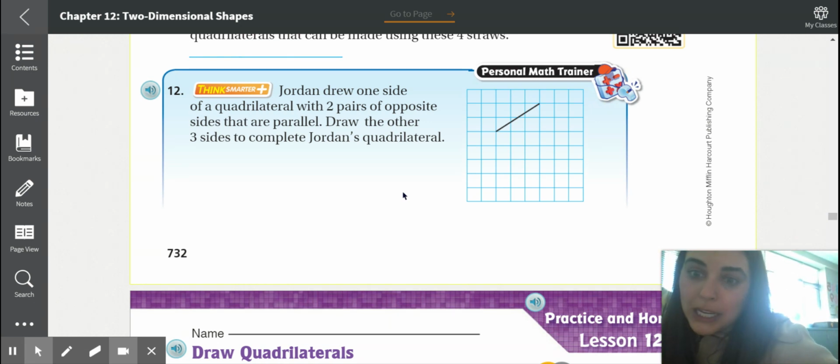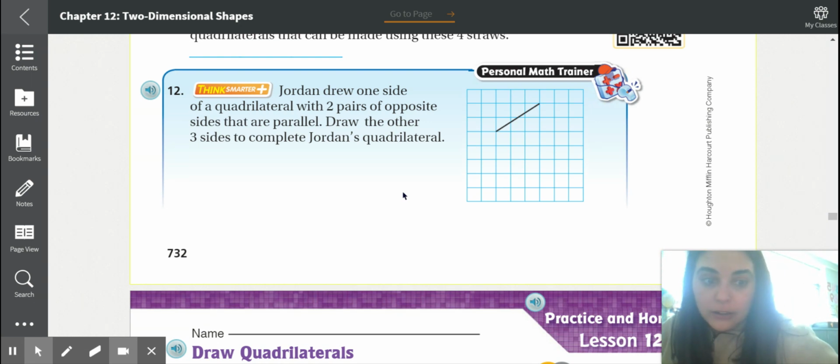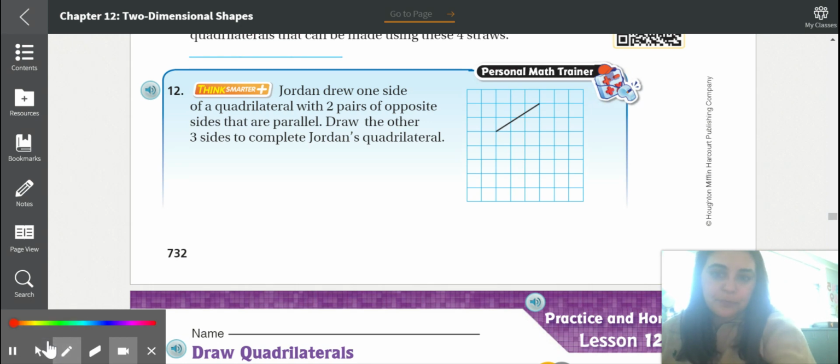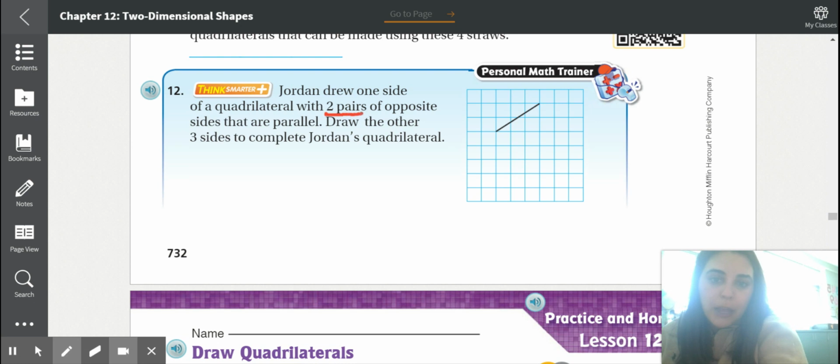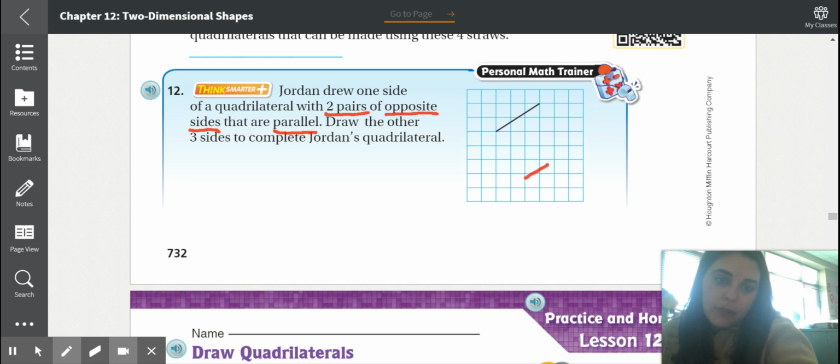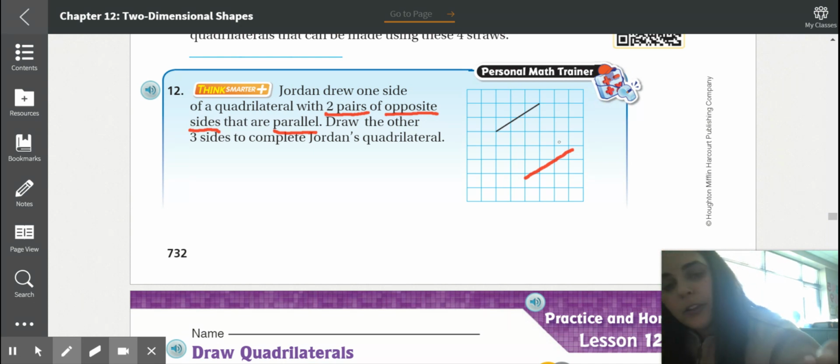Draw the other three sides to complete Jordan's quadrilateral. So he drew one side of it. What we know is that his quadrilateral has two pairs of opposite sides that are parallel. So that means his shape, this line here, has to be parallel to that line there. And it says that opposite sides are parallel. So we would know that these are parallel.